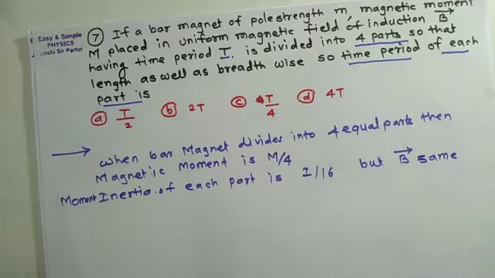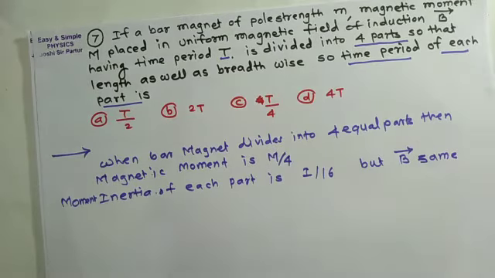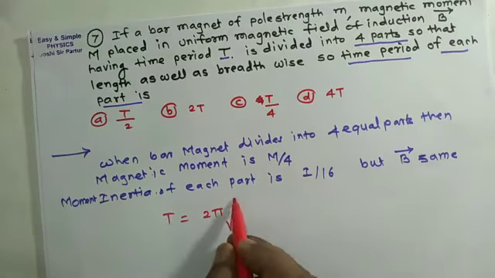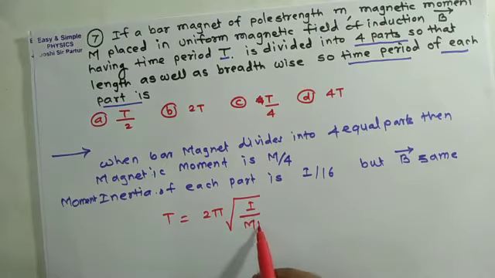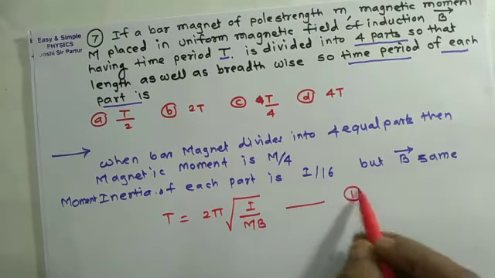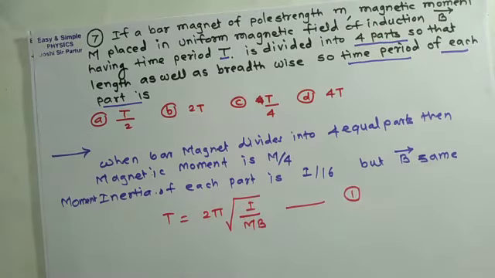So we know that time period capital T equals twice pi square root of I upon MB. Suppose this is equation number 1.